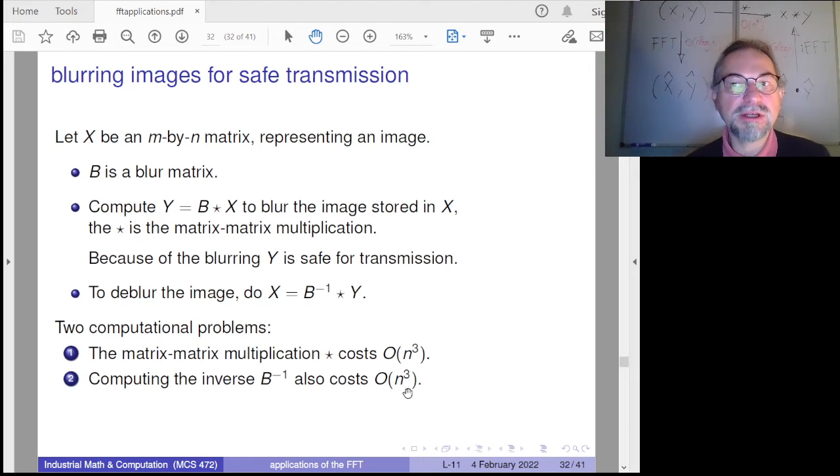it's costly. So we were already happy when we didn't have to do the quadratic cost with the convolution, but now we are faced with a cubic cost.